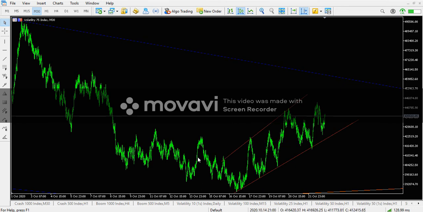You try to look for them with both reversal and continuation, so you forecast, and it will also give you an advantage over the market.